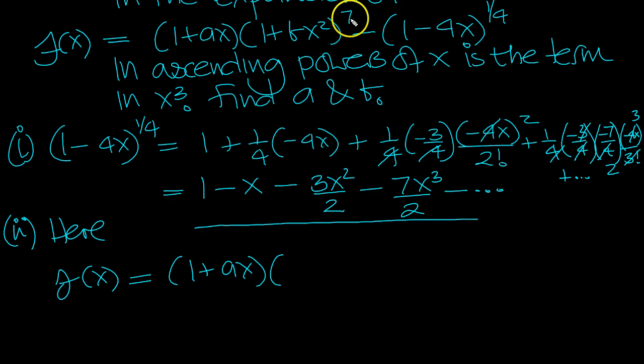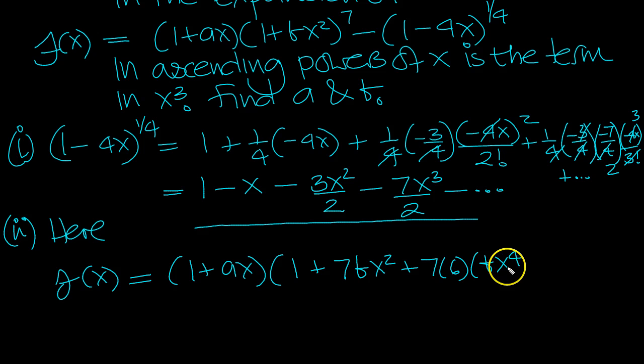times this to the 7, use the binomial theorem, 1 plus n x, so 7bx squared, plus n, 7, times n minus 1, 6, times this squared, but that's going to be a 4th power. We don't need to worry about 4th powers because it's only the first 2 powers which we need to concern ourselves with.